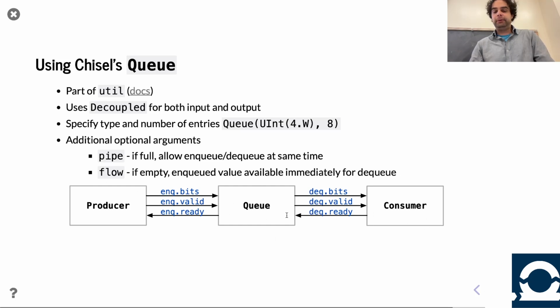So basically like half of this, right? If I have flow true and I bypass that register in there, there's now a combinational path from the producer to the consumer. It typically goes through the queue module, but it's bypassing the state elements in there, right? So as a result, that could be a longer path. It's not guaranteed to be a critical path, but it could be.